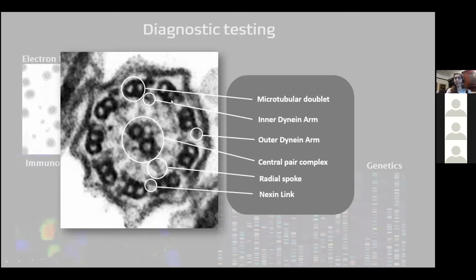And just as a quick reminder, these little 8s are the microtubule doublets. Then we have the inner dynein arms here, closer to the center of the cilia. And then we have the outer dynein arms, which are little arms protruding from the doublets, but in a more exterior part of the cilia. We have the radial spoke that is here. We can see a little bit here.